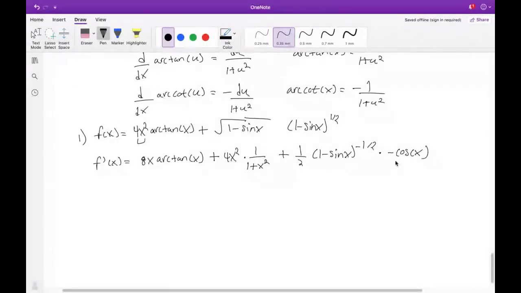And you can simplify this however you want, but that would be your final answer. Okay. And I think I'm only going to go over one example for derivatives of inverse trig because it's relatively straightforward. You just have to use the formulas that we went over before.